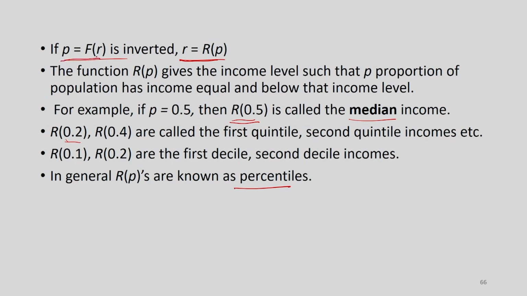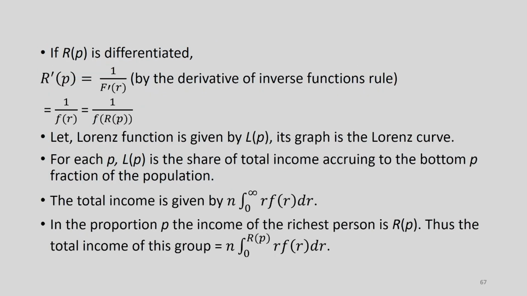I can use this, and so I'll get R'(p) is equal to 1 divided by capital F'(r). And what is capital F'(r)? It is small f of r, which is nothing but small f of R(p). So, this is an important thing that we are going to use later on. R'(p) is equal to 1 divided by f of R(p).